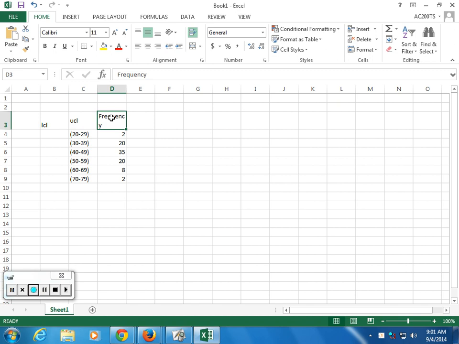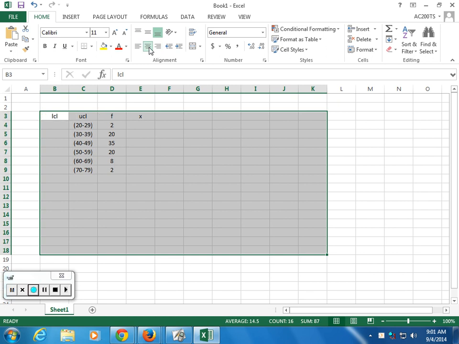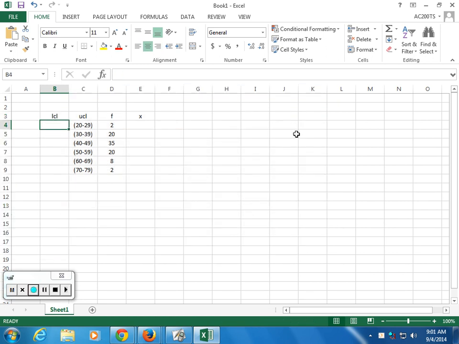And this is F, and this next one will be X. So the lower class limit is 20, 30, 40, 50, 60, 70, and the upper class limit is 29, 39, 49, 59, 69, and 79.